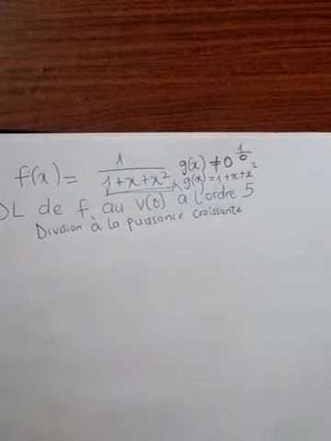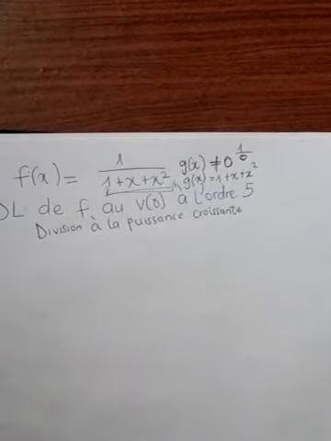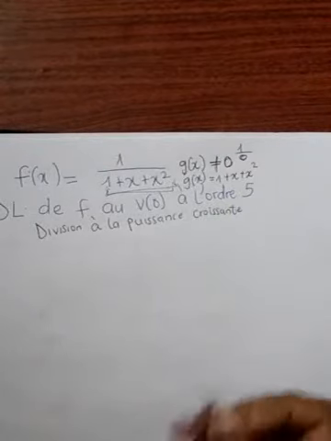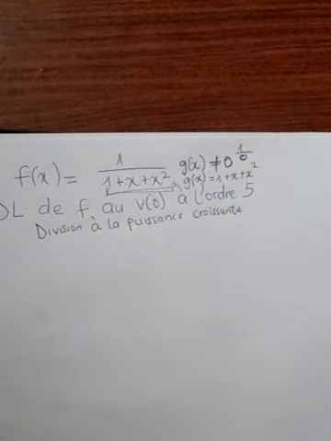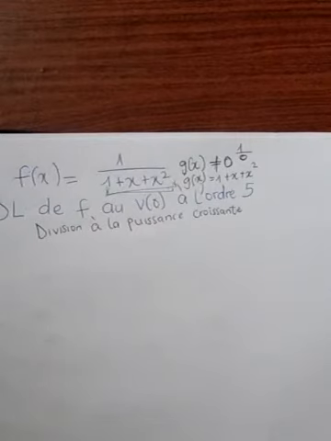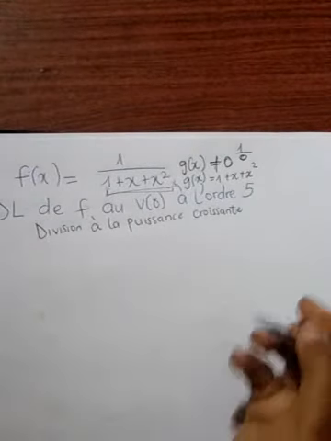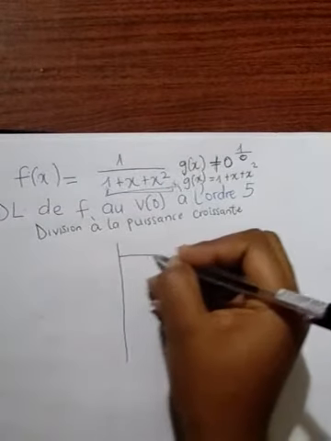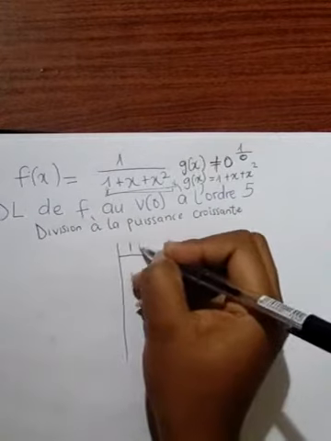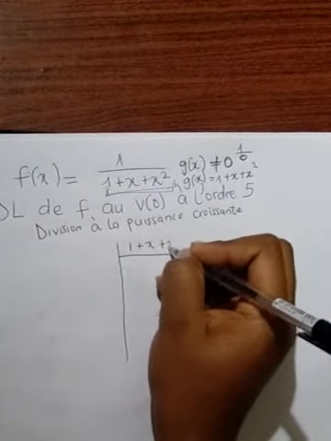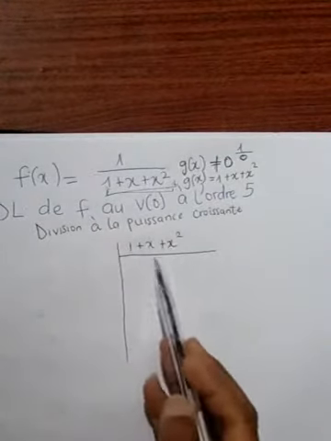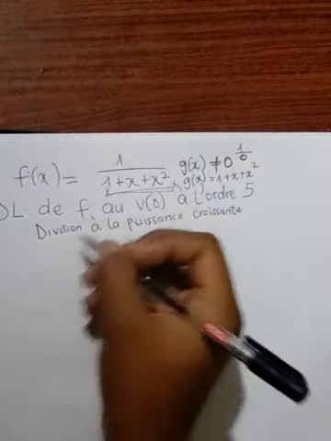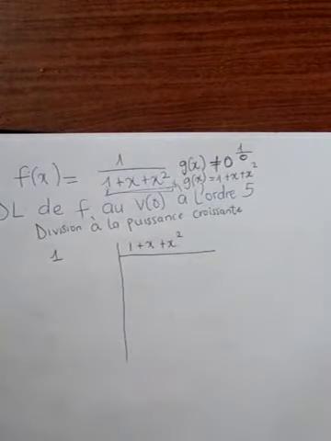So let's work around this, okay? Let's divide this right here. So I have 1 plus x squared. My denominator will be right here, and then my numerator, which is 1, will be right here.